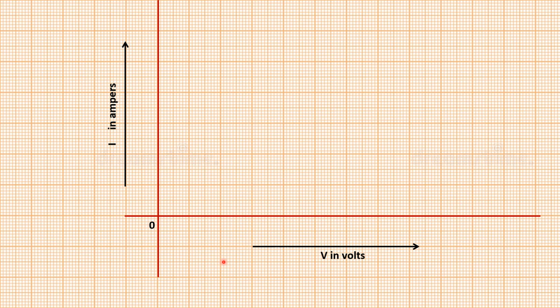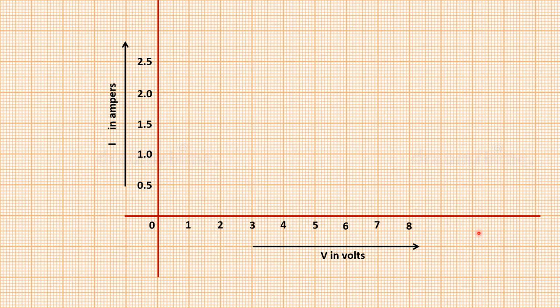So see here, 0, 1, 2, 3, 4, 5, 6, 7, 8. Here 0, 0.5, 1.0, 1.5, 2.0, 2.5. Okay. By taking voltage on the x-axis and current on the y-axis, here I am drawing the graph.